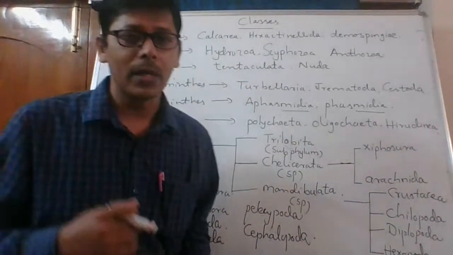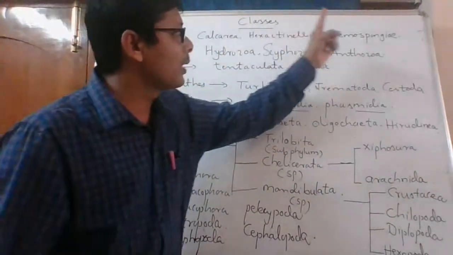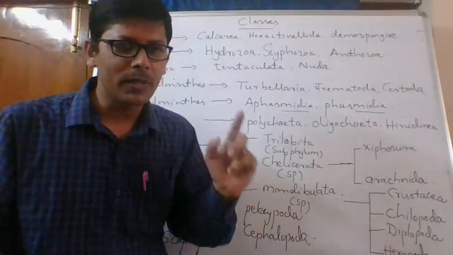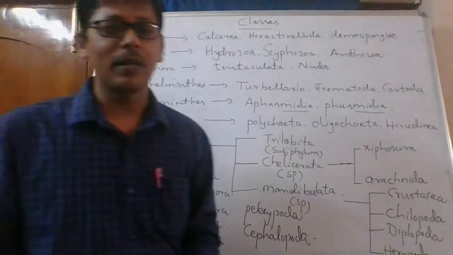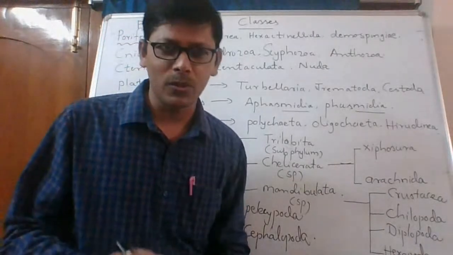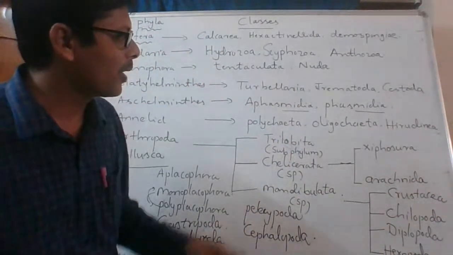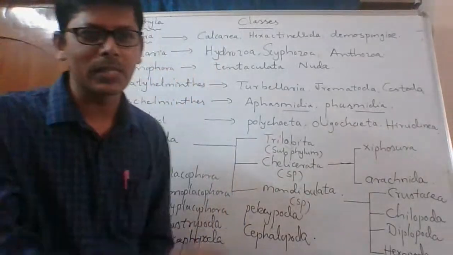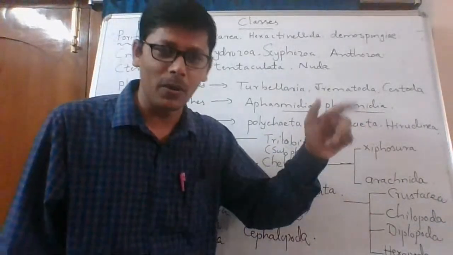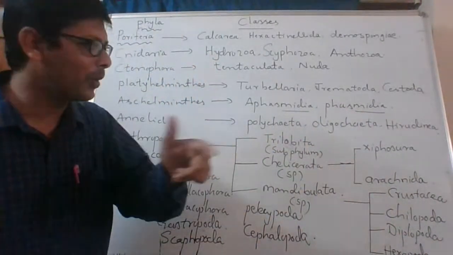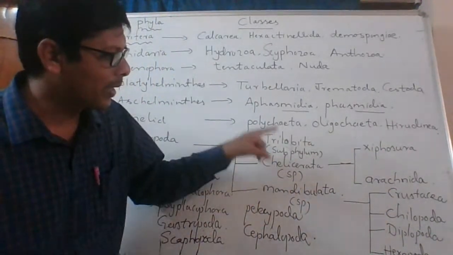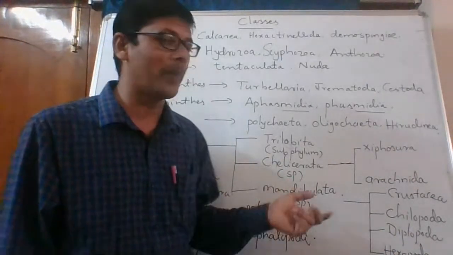Calcarea, Hexactinellida, Demospongiae. Hydrozoa, Scyphozoa, Anthozoa. Tentaculata, Nuda. Turbellaria, Trematoda, Cestoda. Aschelminthes. Polychaeta, Oligochaeta, Hirudinea. Trilobita, Chelicerata, Mandibulata.